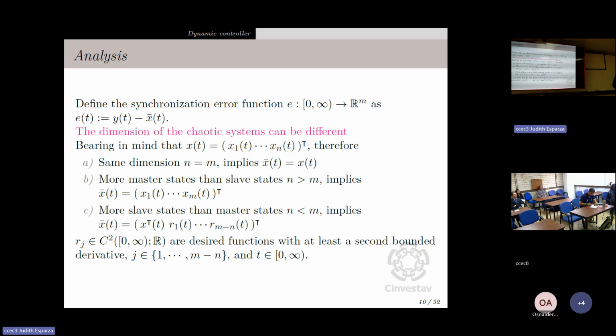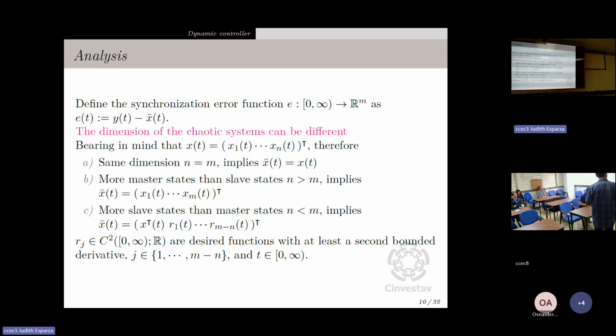In case A, the master and the slave have the same number of variables. In case B, we have more variables in the master system than in the slave system. And the last one is case C, the vice versa: we have more slave states than master states.